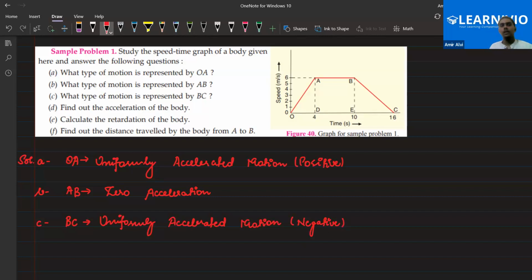Clear? So if the first three parts are clear, now we have to find out the acceleration of the fourth part.